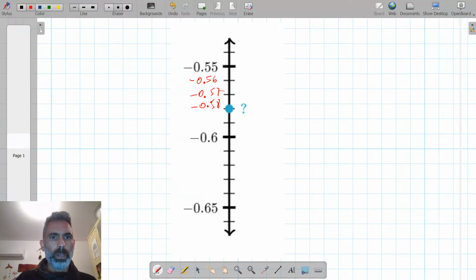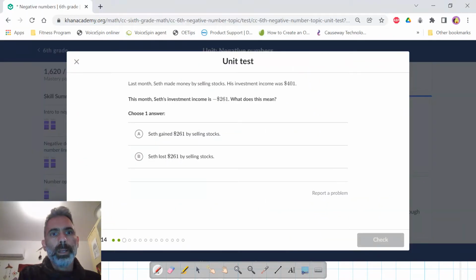Okay. Last month, Seth made money by selling stocks. His investment income was $401. This month, Seth's investment income is -$261. What does this mean?